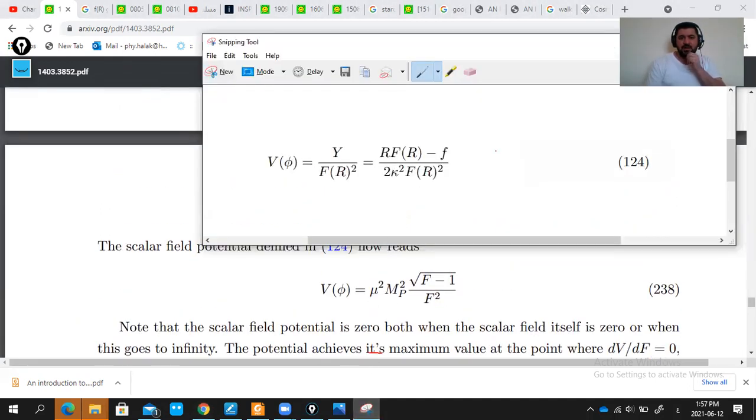So now here we have R F_R, so minus R, F_R squared. So this is F, yes, we already did this. And now about this R F_R minus F, let's remember that F is 1 plus f. And here we have R times F. So that will be like the square root of F minus 1. How did we get this?